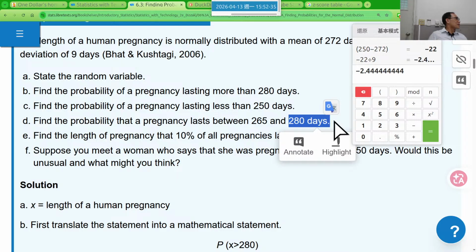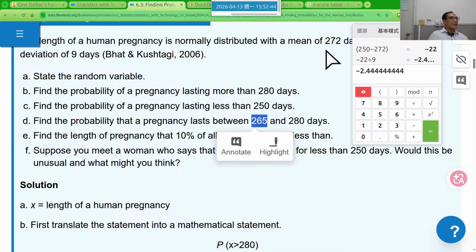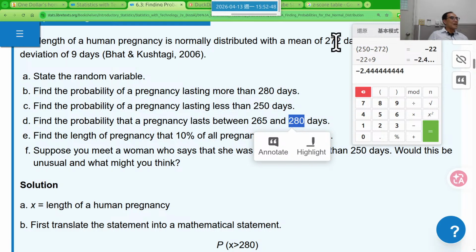How to calculate this? Between 265, we know 265 is below the average. 280 is above the average. How can you find the probability between 265 and 280 days?